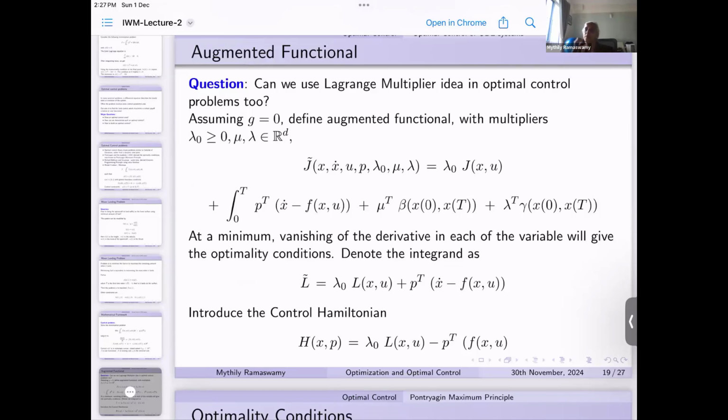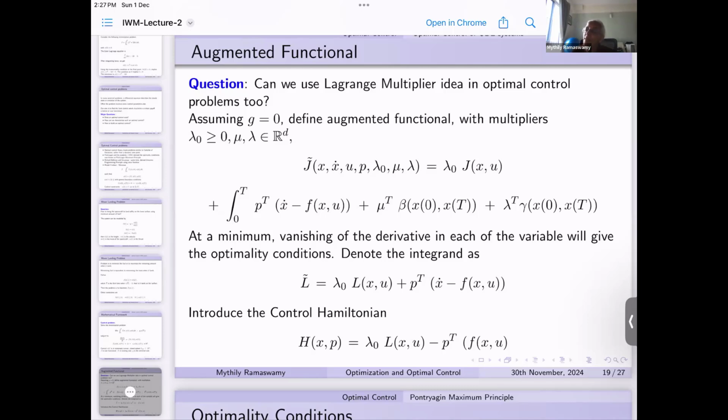When I take up PDE optimization also, you will see P will solve a differential equation, which will turn out to be the adjoint problem to the original equation for X. So we can also view it as an adjoint vector.